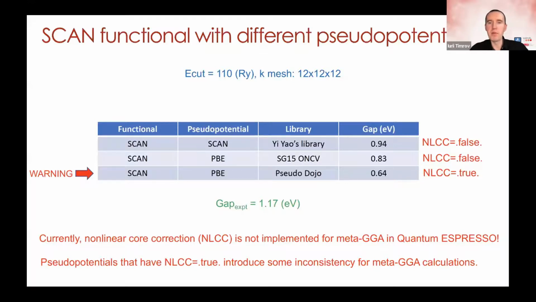Exactly the same problem, because nonlinear core correction is not implemented for hybrids. So if you use a PBE pseudopotential with nonlinear core correction for hybrids, you're introducing some error, some inconsistency. So probably it's better to use a pseudopotential without nonlinear core correction, hoping that the result will be more accurate. This is the take-home message, very important.